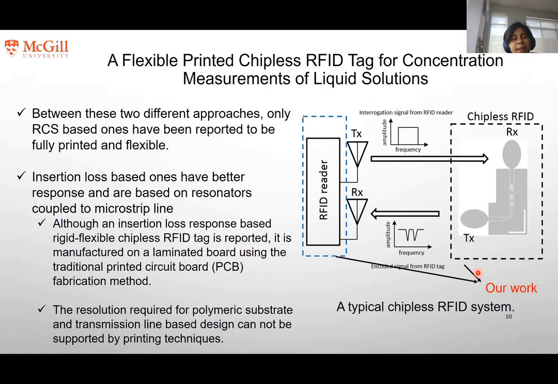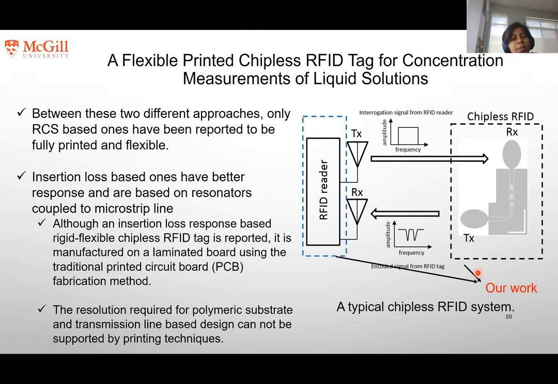So we wanted to make something in the frequency domain. As I just showed you, there are only two approaches available in the frequency domain. One is RCS based, radar cross section based, and people have demonstrated a lot of those. And then there is the insertion loss based approach.